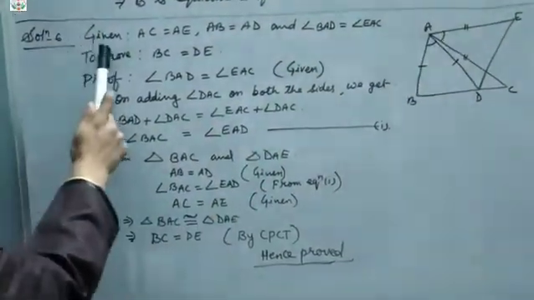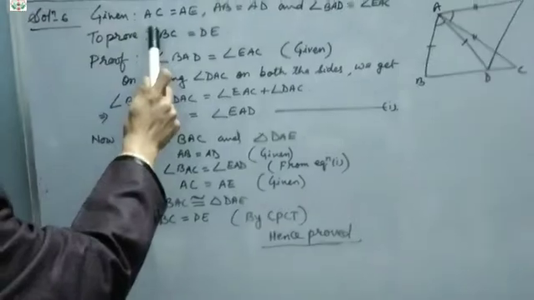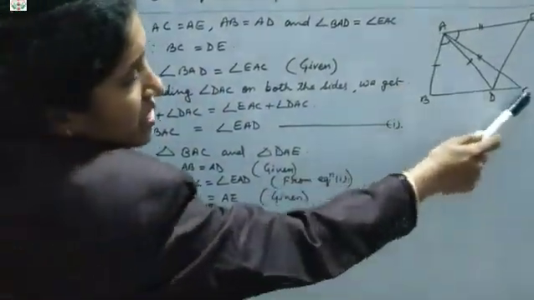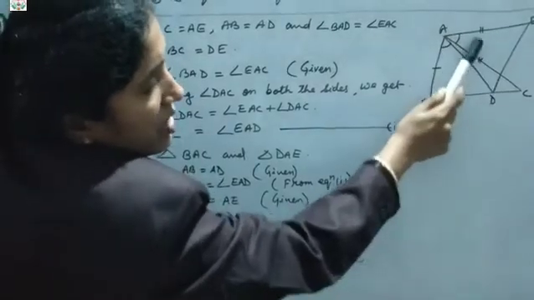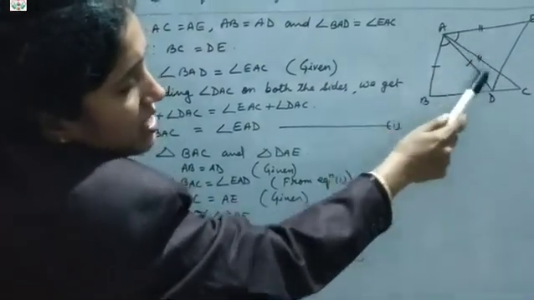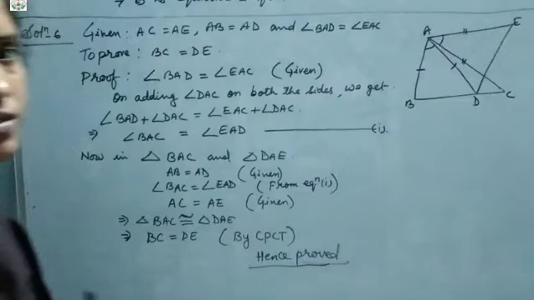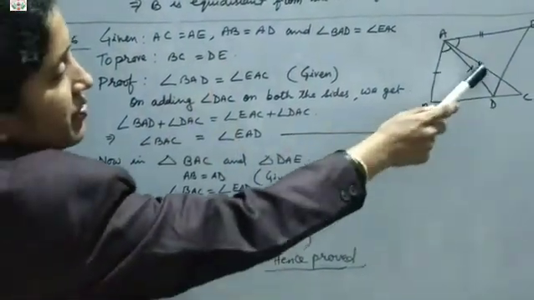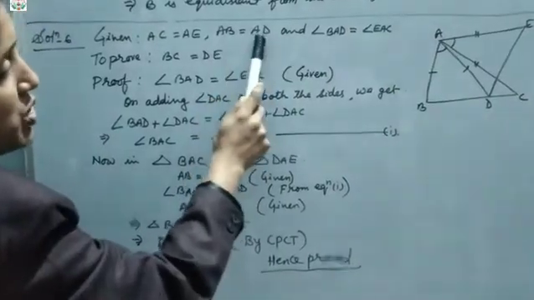Now see that proof part. Given, what is given? AC equals to AE. That is, AC equals to AE. Double lines you can see, that means these two sides are equal and this is equals to this. Okay, so AC equals to AE and then AB equals to AD.